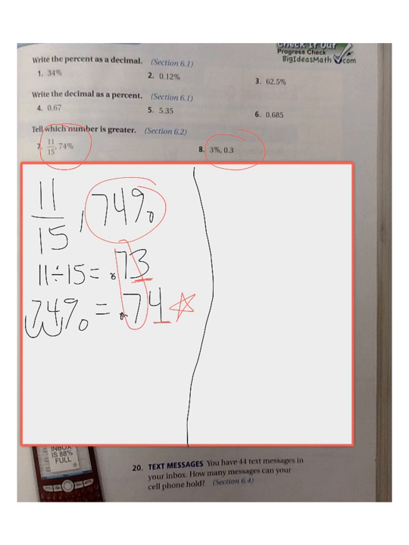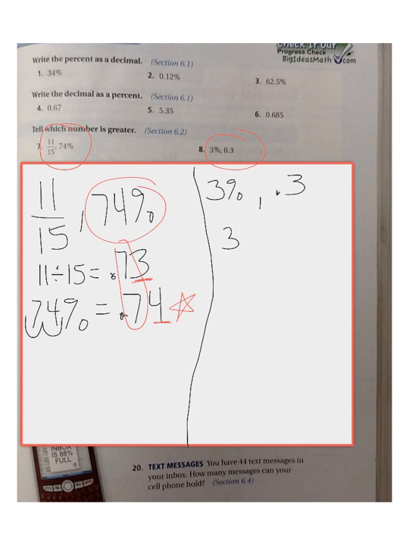Okay, now we are going to compare 3% and 0.3. When you look at this, you might immediately be like, oh, they're equal. They're not. You have to follow the steps. Because this one is a decimal and this one is a percent, I'm going to, again, just convert them both to decimals because it's easier.